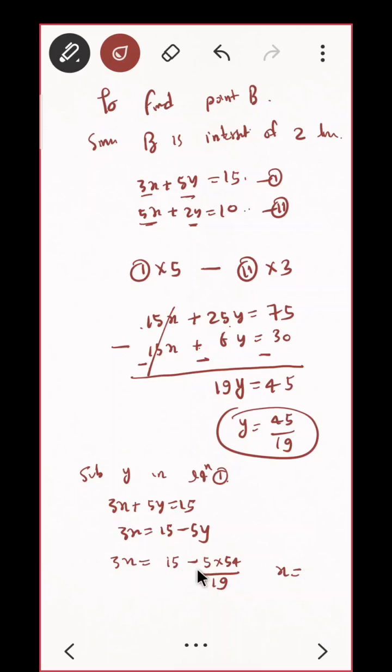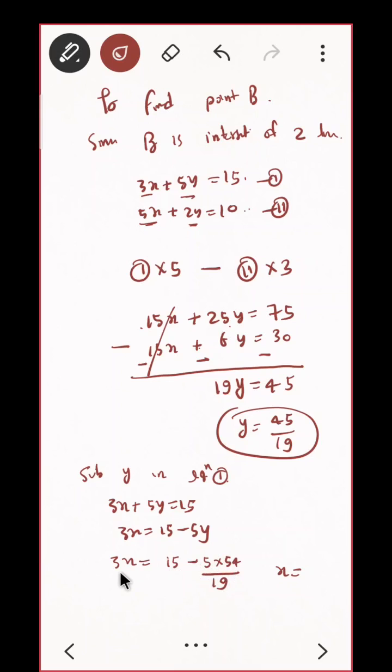19. You can take something common out from here. If you take 3 common, then 3 will get cancelled from both sides. Take 3 common from here, and from here also. That will be easy.